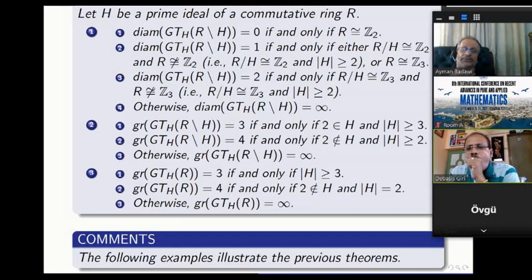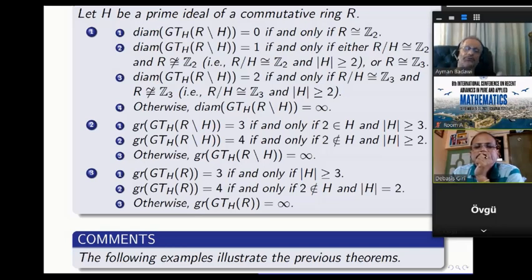Other than that, the girth is infinity. So for this kind of graph, the shortest cycle could be 3, 4, or infinity. What do I mean, by the way, with girth infinity? That means I don't have a cycle in the graph. The graph has no cycles.